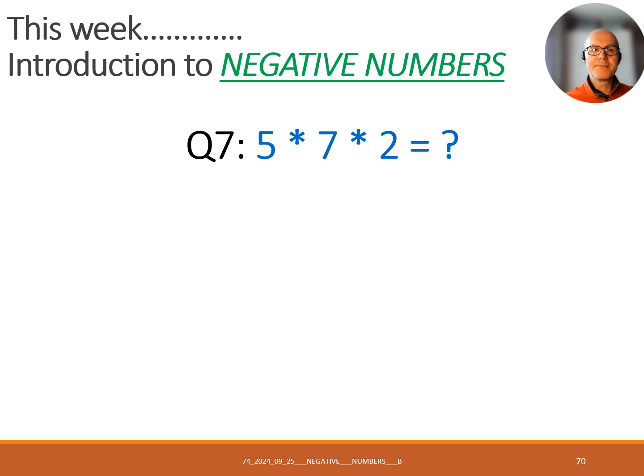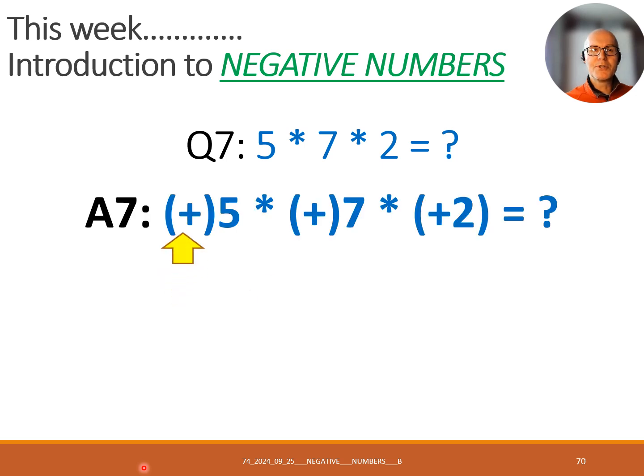Question 7. 5 times 7 times 2. Let's put those positive signs in. We have positive times positive times positive. But we'll do BODMAS. So we'll start with positive 5 times positive 7.